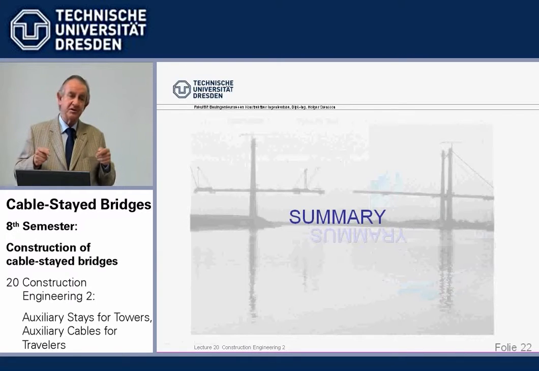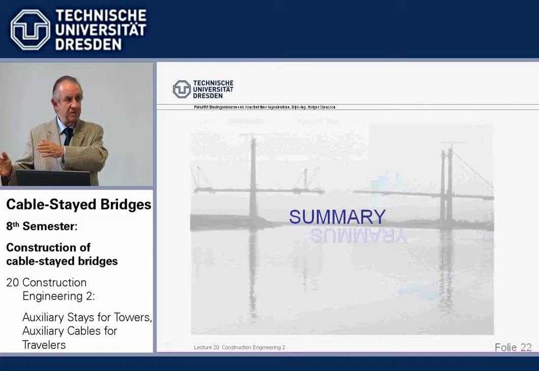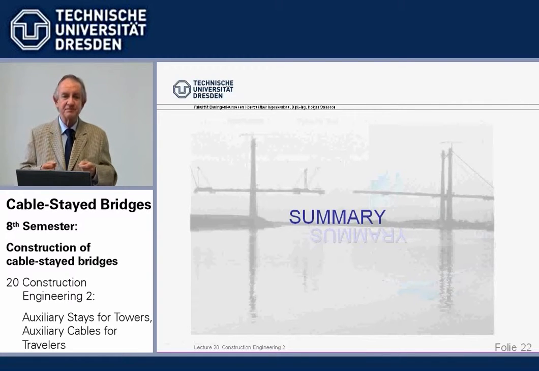We may have to use auxiliary temporary stays for, e.g., staying the towers because of eccentric beam sections with large cantilevers. And because they are not present at the end, we do not know, thinking backward, with which force we install them. So we first calculate forward to find the force and then backwards.